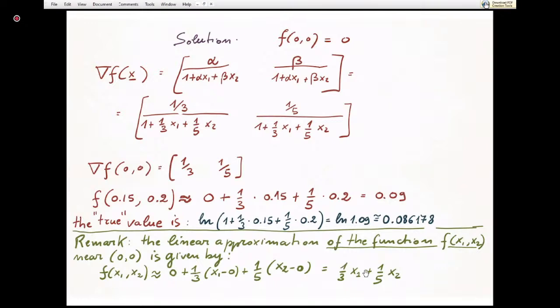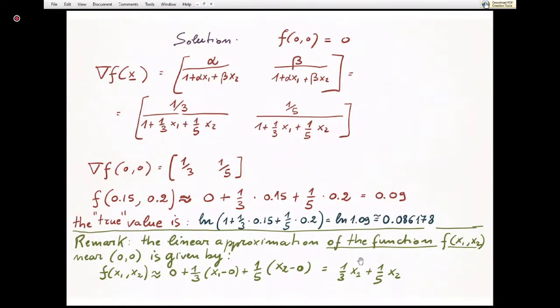Remember that in this case, it's a very simple expression for the tangent plane, because the two constants here are 0. Now we will see another example in which we actually have to switch from the increments to the variables, but there will be some initial point that is not 0, 0.